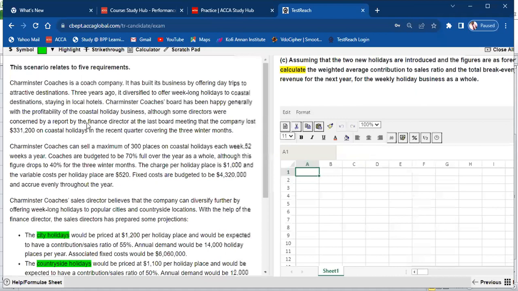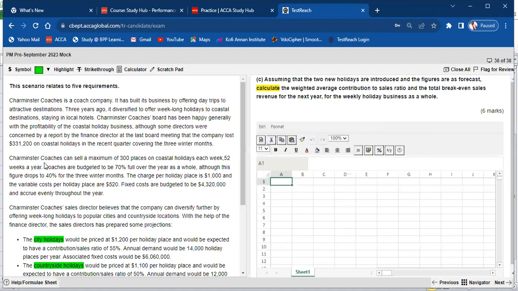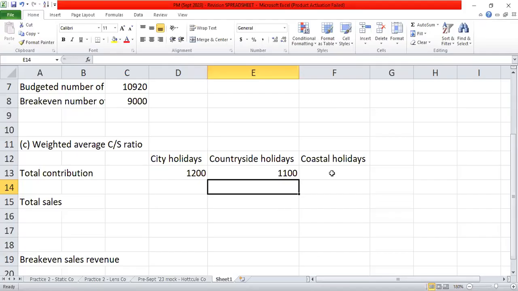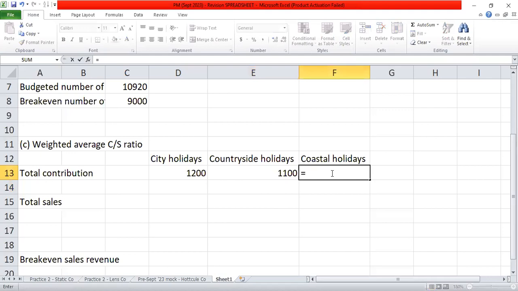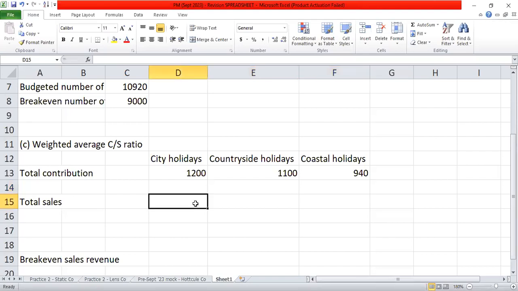Currently, the price for coastal holidays is 1,000. So to reduce it by 6% means it's now going to be equal to 94% of 1,000. I'm talking about sales here.